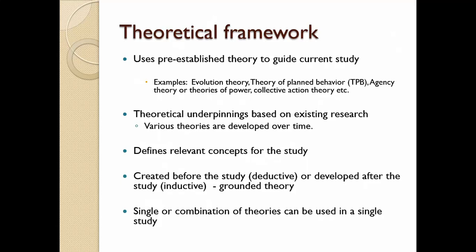So the theoretical framework relies on theoretical underpinnings based on existing research. I already mentioned earlier that knowledge equals a collection of theories. So there is knowledge out there that has been built over time, and that provides the theoretical basis upon which we can base our research studies.